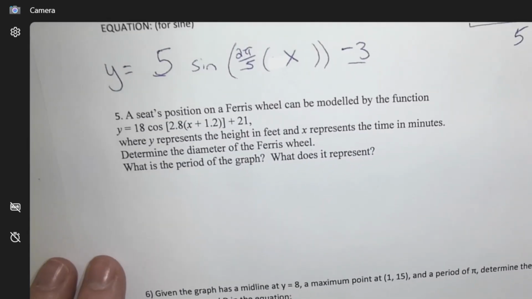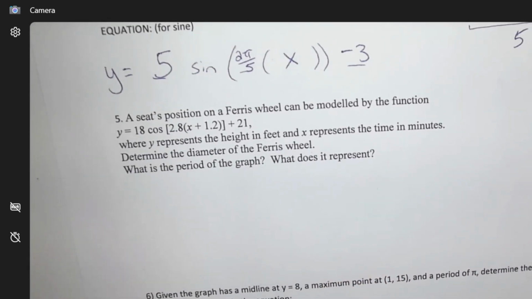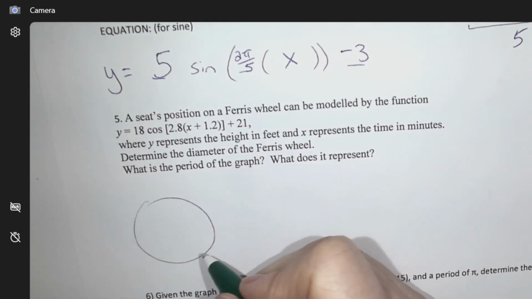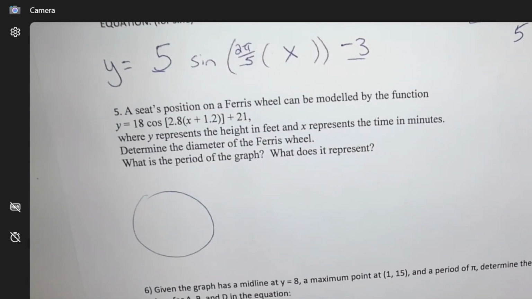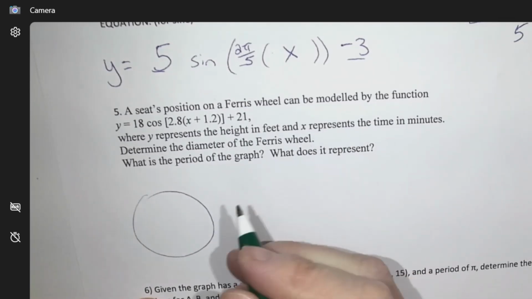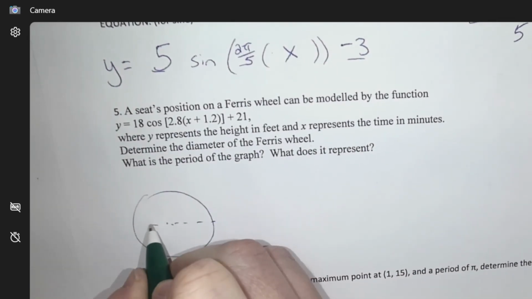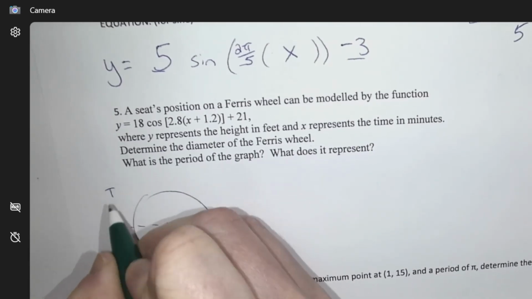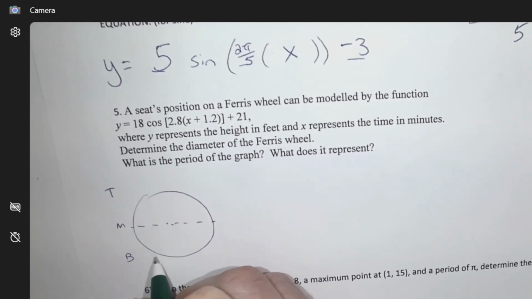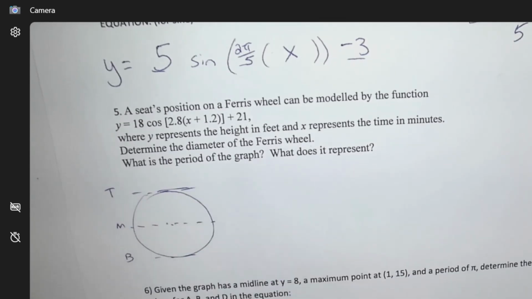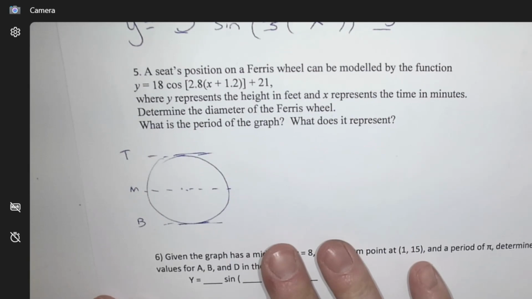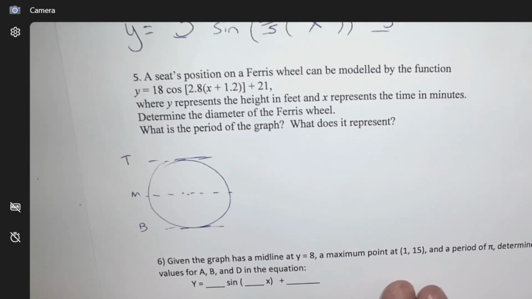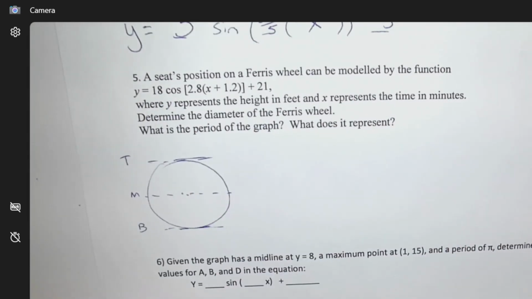Okay, so we had an equation that represented somebody going around a Ferris wheel. Visualizing it, you got your Ferris wheel. I make my applied kids do this question. Okay, what's in the middle of the Ferris wheel? What's your height in the middle? Look at that equation.